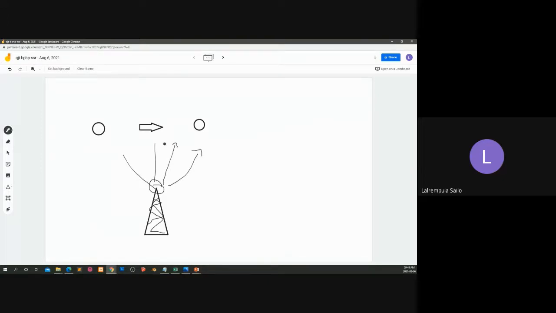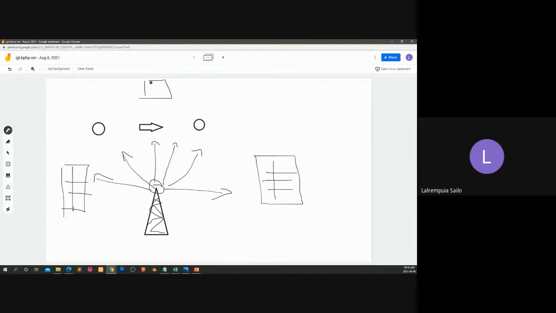Here there is one building, and also another building, and here one more building. Then this object reflects the signal back, and the mobile also receives this one directly.